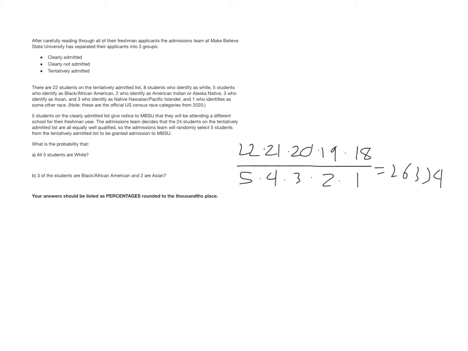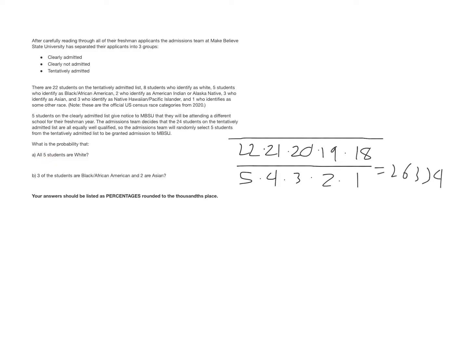What's changing is what I'm interested in. My numerator, now instead of all 5 students being white, is 3 being black and 2 being Asian. So how many students identified as black in the survey? 5, and I'm choosing 3 of them. So how many ways can I do that?